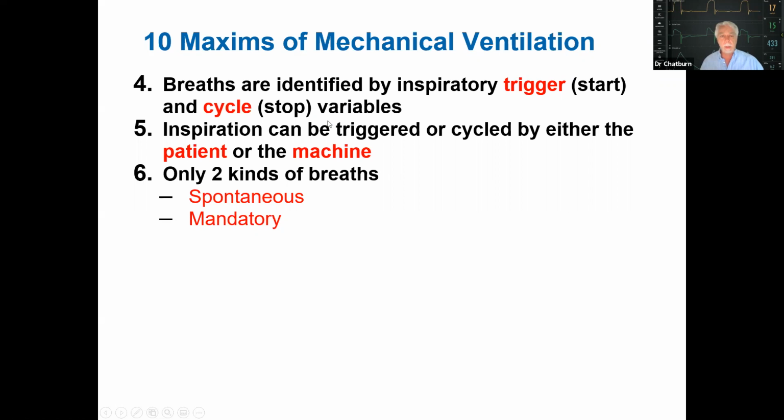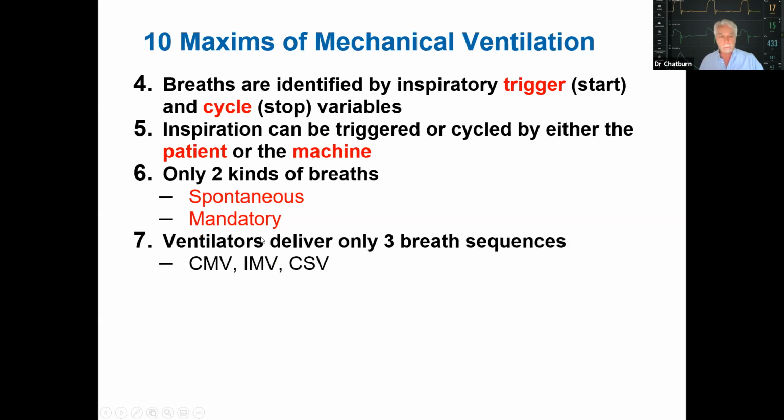And based on these two maxims, we can see that there are only two kinds of breaths: spontaneous breaths, which we define as those which are both triggered and cycled by the patient, versus mandatory breaths, which are either triggered or cycled by the machine. In other words, anytime the machine gets involved in triggering and cycling, the patient loses some control over the timing of the breaths, and we're going to call that mandatory.